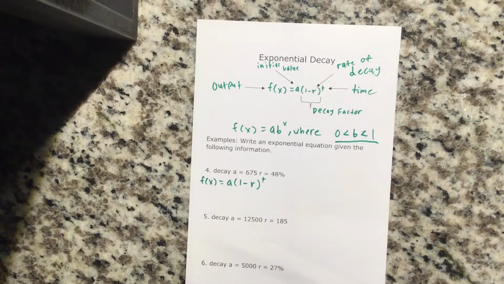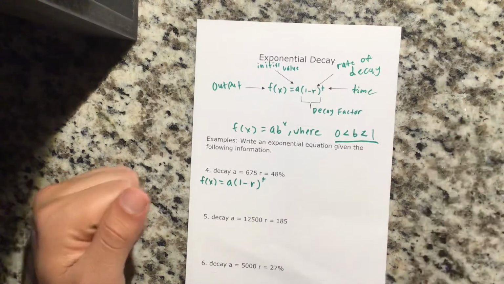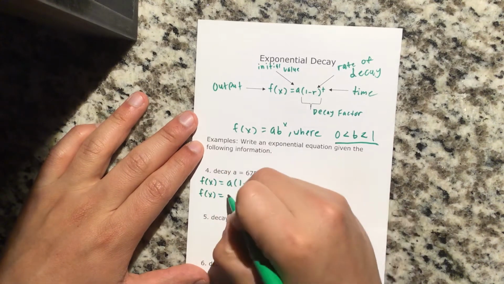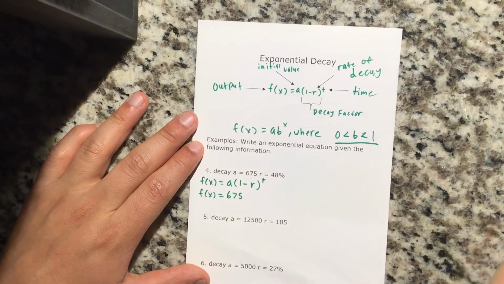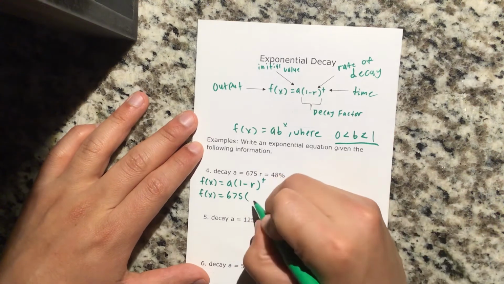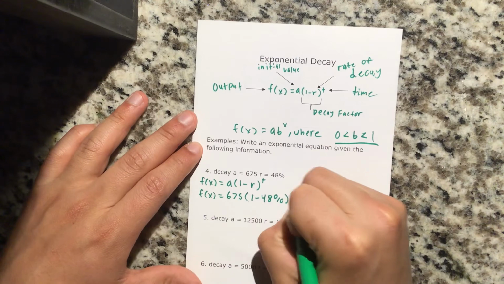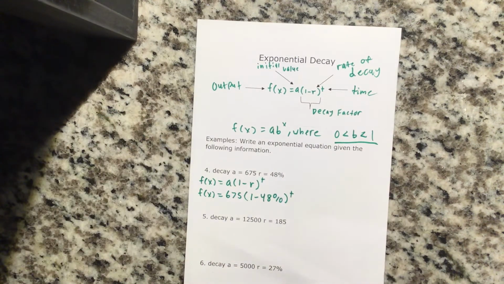And again, I put in the same information I have, the a and the r. I just substitute those in. So I get f of x equals my a, which is 675, times 1 minus 48% to the t power, okay?